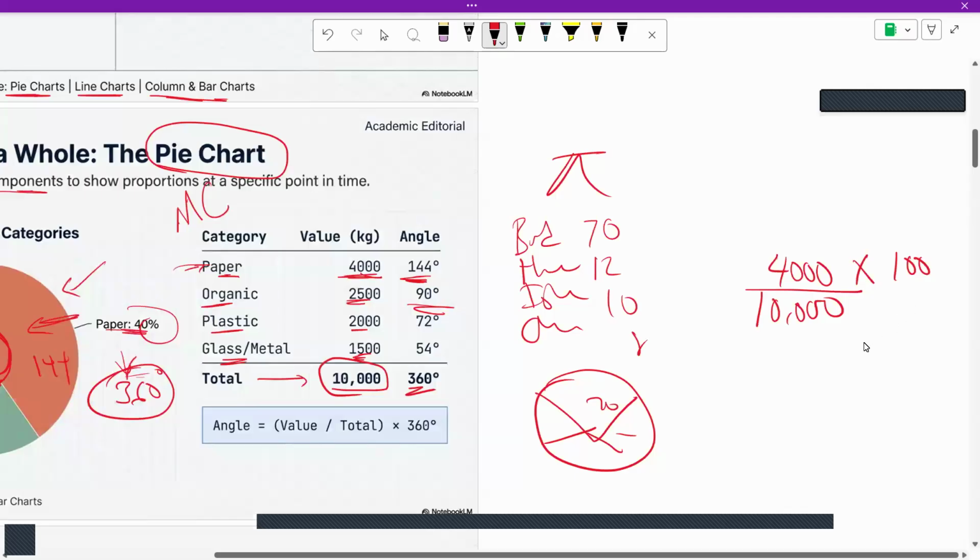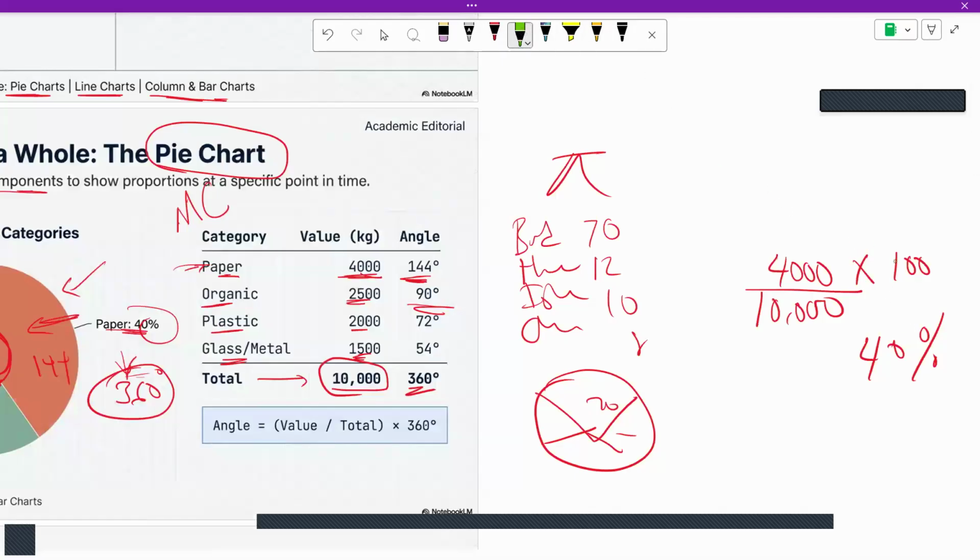Then we will get the percentage, which is equal to 40%. That is in terms of percentage, but when we want to convert it into an angle for the purpose of drawing a pie chart, we have to use 360 instead of 100. Then we will get 144.